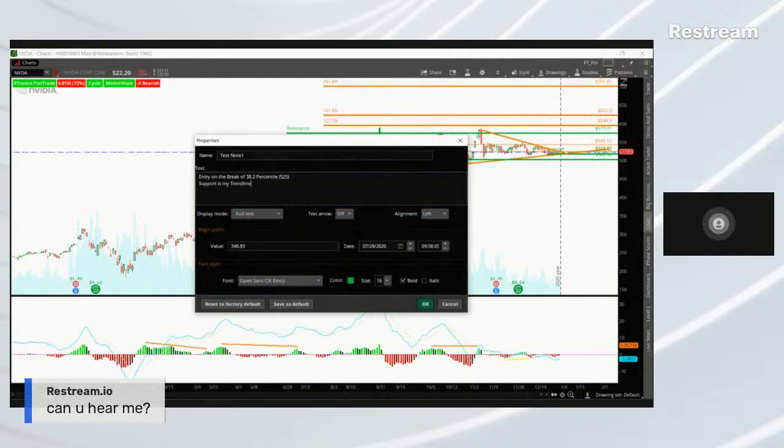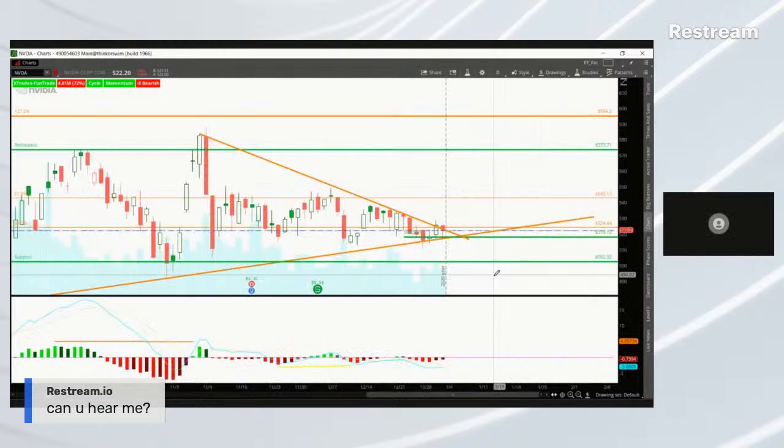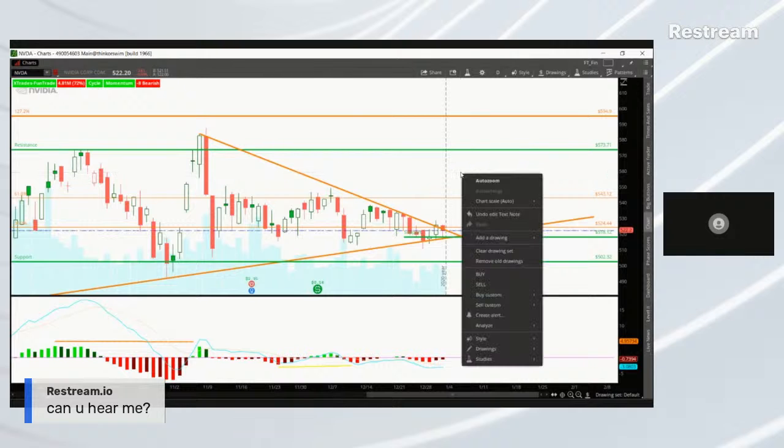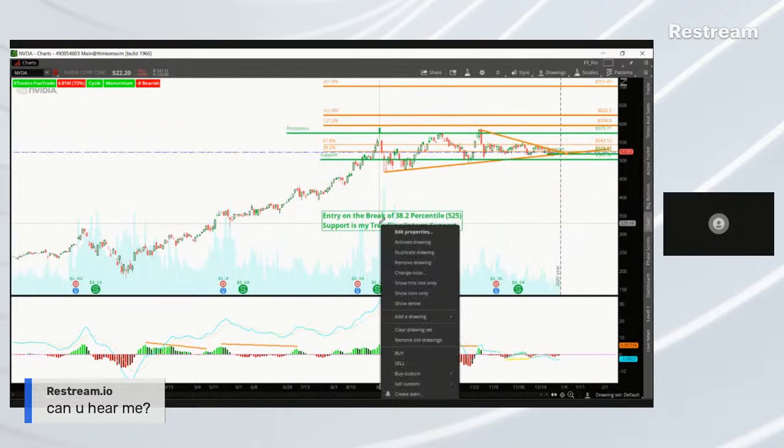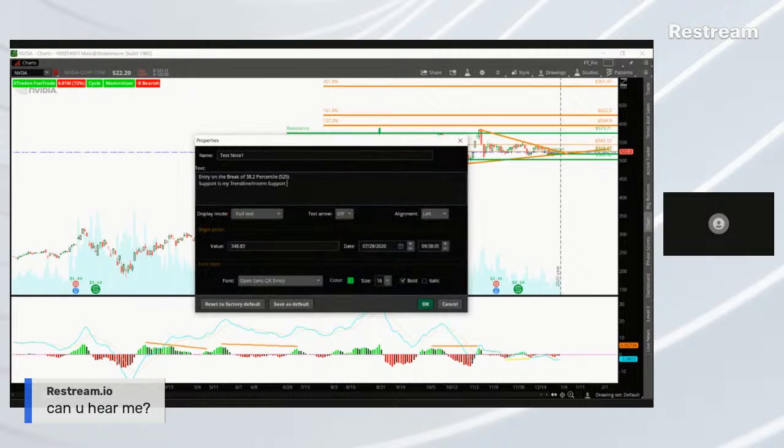So support is my trend line or interim support of 518.